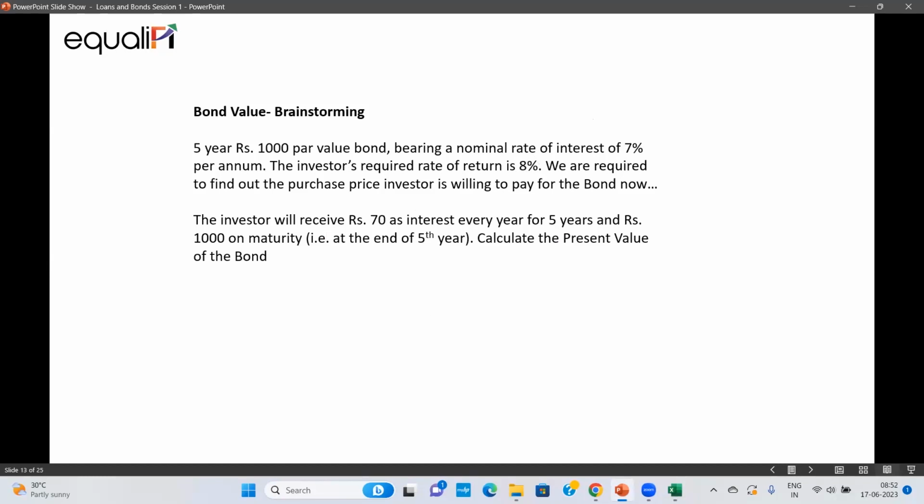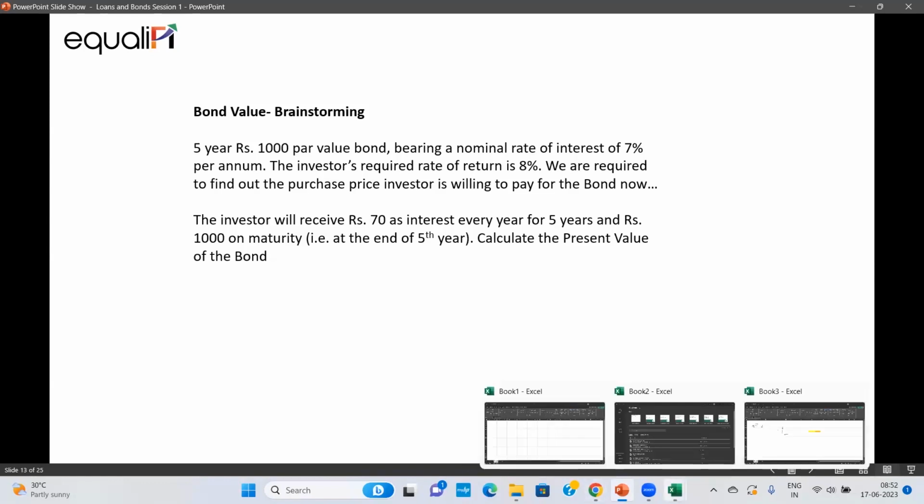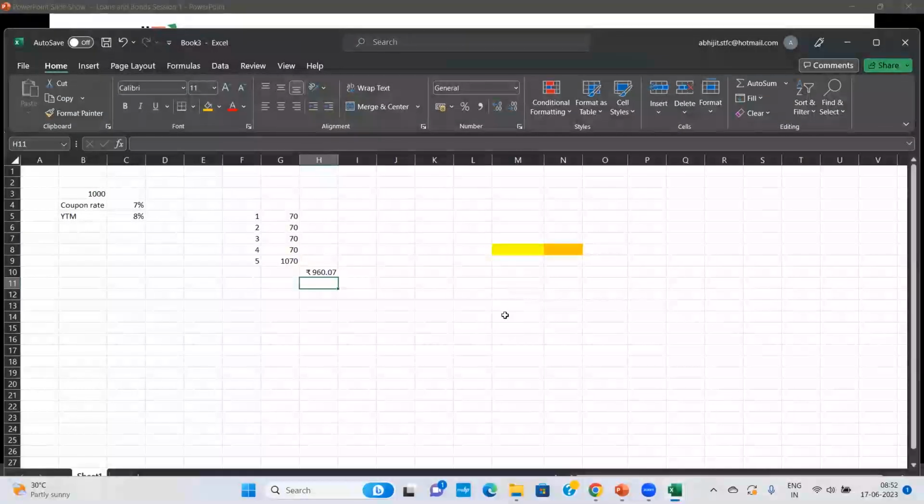Or you can see a sentence like that, a 5% 1,000 rupees bond or a 7% 1,000 rupees bond. That means that percent is the coupon rate. Is it okay? So it is coming as 960.